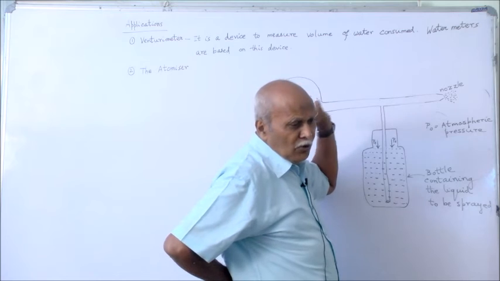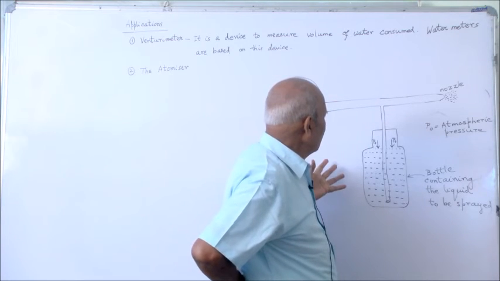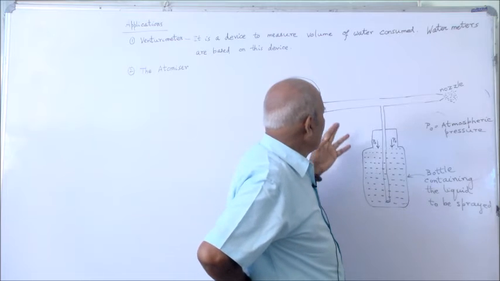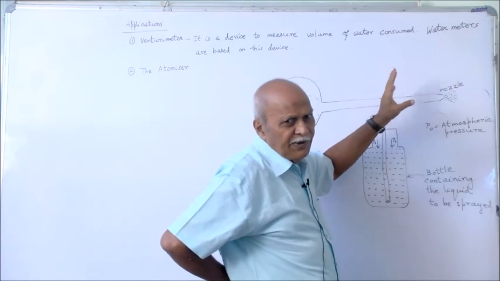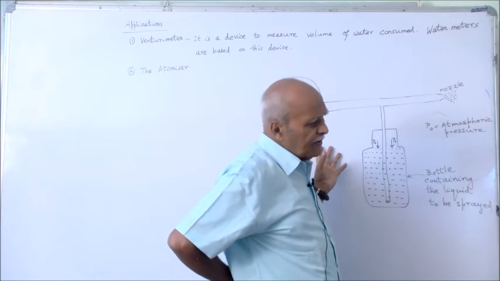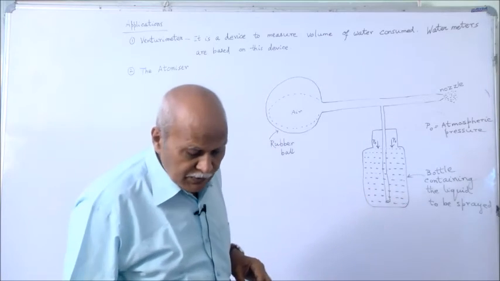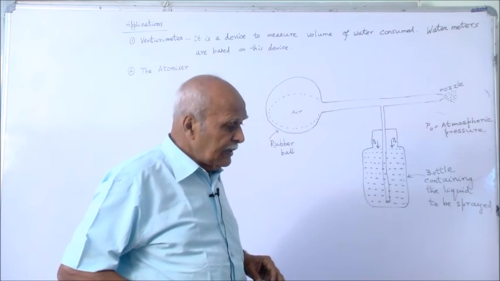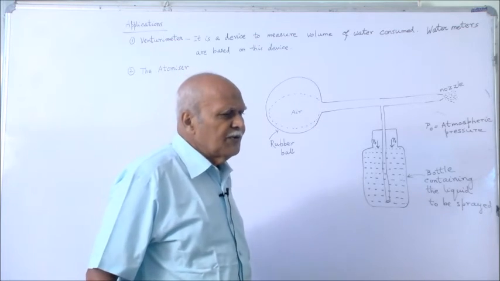And from Bernoulli's equation, that is the third form equation, you can easily see that when velocity increases, at that time pressure decreases, because there is sum total of pressure, then elevation is 0, suppose axis is same, so elevation is 0.